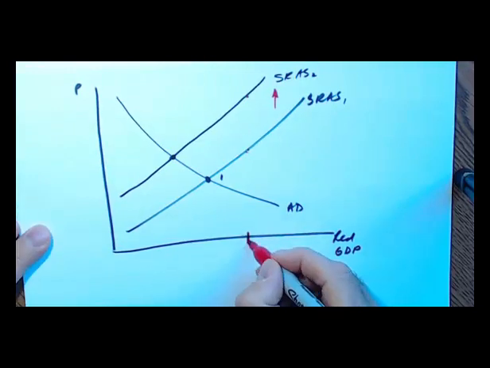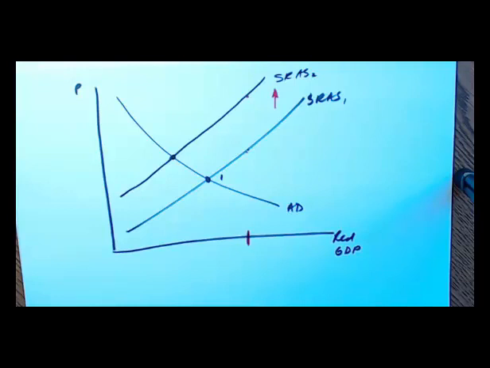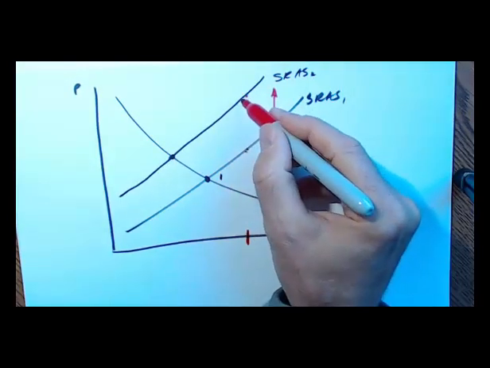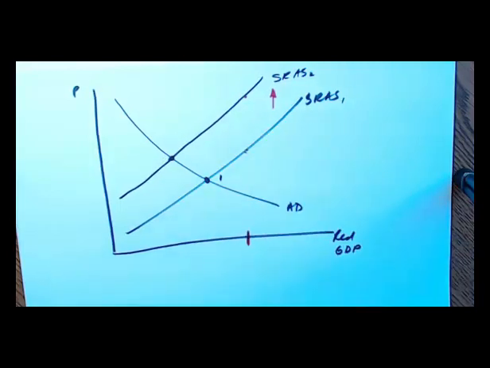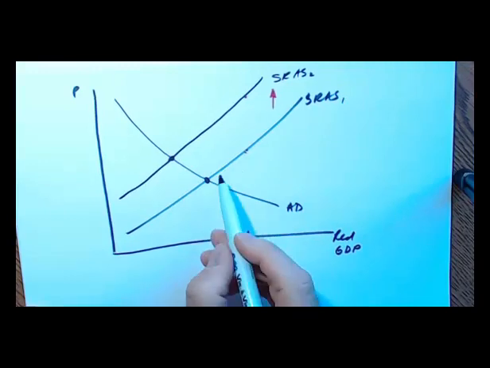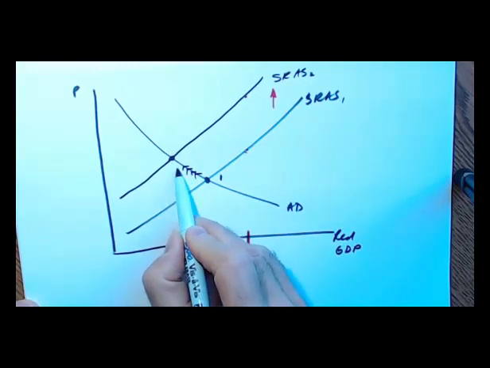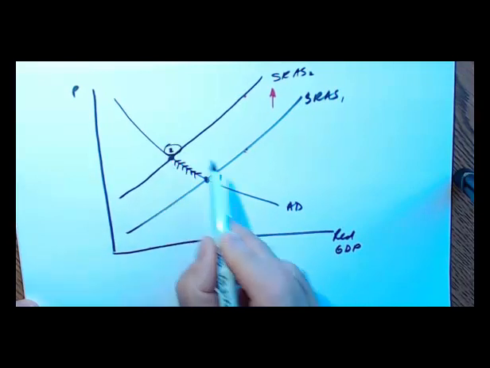But from a production point of view and costs, just plant yourself somewhere here, at a given level of production, and realize that prices go up. Firms are not going to supply unless they raise their prices. So we go from point 1, we slide up the aggregate demand curve to point 2.